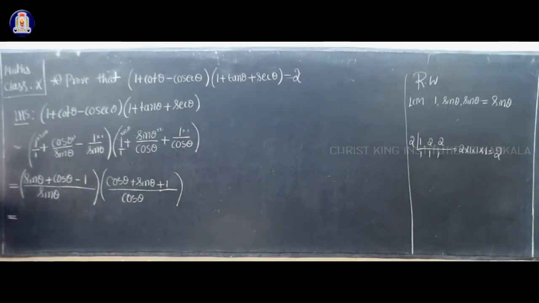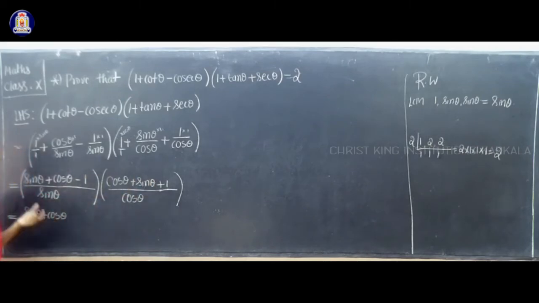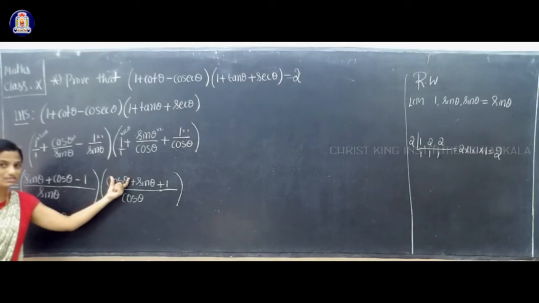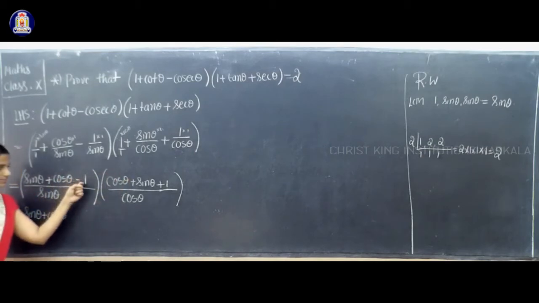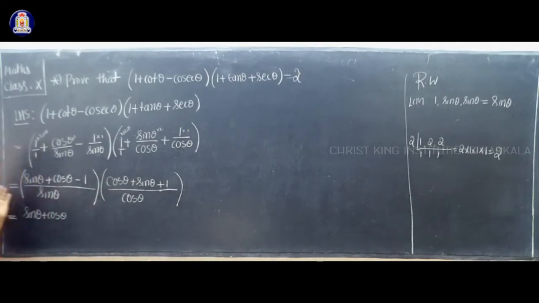How to multiply this? I'll write this like sin theta plus cos theta. See the terms: in the first bracket sin theta, in the second bracket also plus sin theta. First bracket is cos theta, second bracket is plus cos theta. First bracket is minus 1, second bracket is plus 1. Try to understand this.